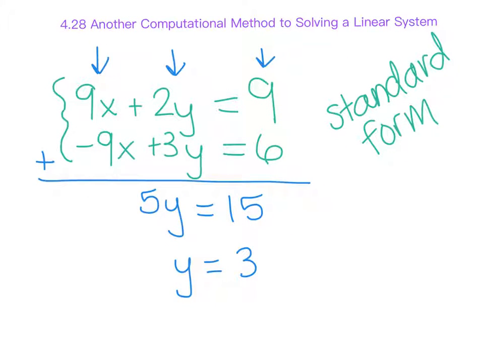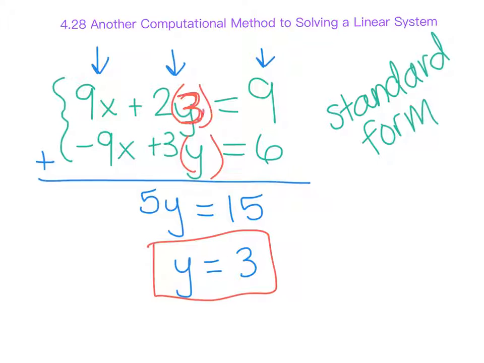In order to solve for x, I'm going to put this 3 into the y spot of either equation. I'm going to choose the top one. So instead of writing y, I'm going to write 3 because y equals 3. So 9x plus 2 times 3 is 6 equals 9.